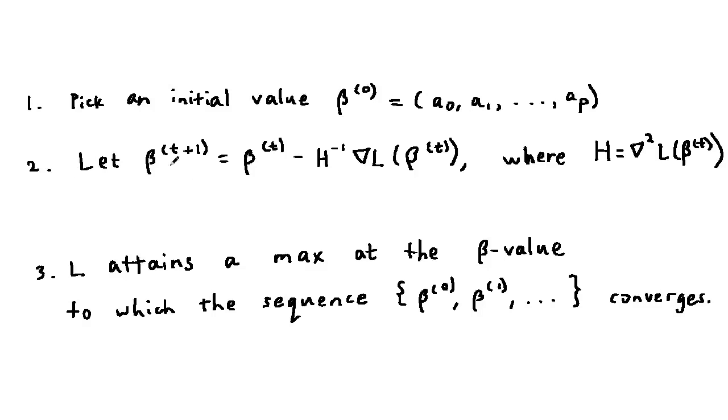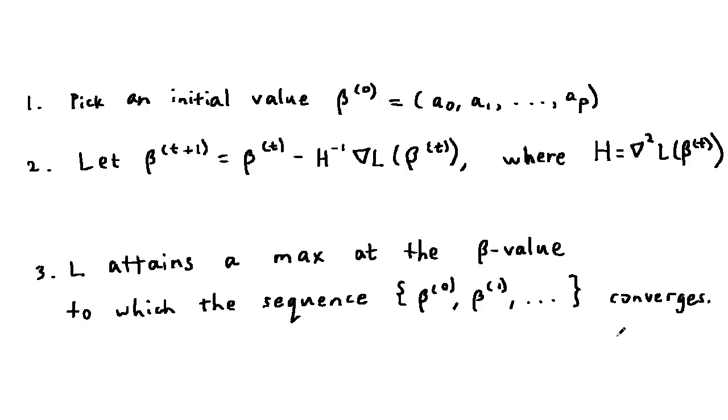Two, let beta t plus 1 be beta t minus H inverse times the gradient of L evaluated at beta t, where H is the Hessian of L, evaluated at beta t. Three, L attains a max at the beta value to which the sequence beta 0, beta 1, etc., converges.